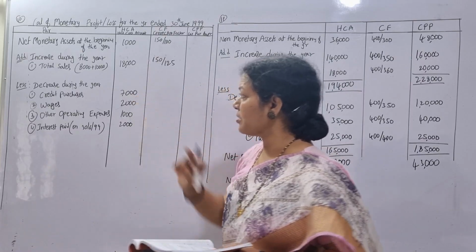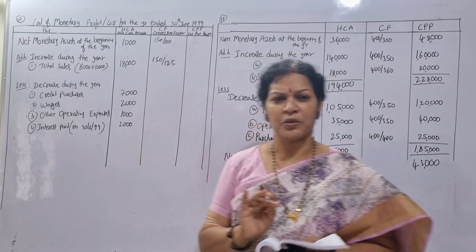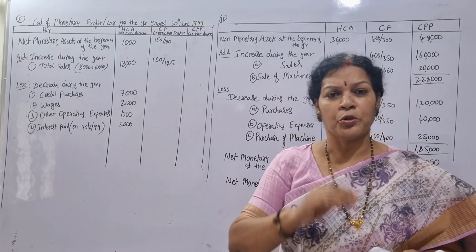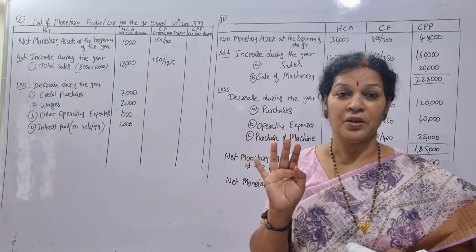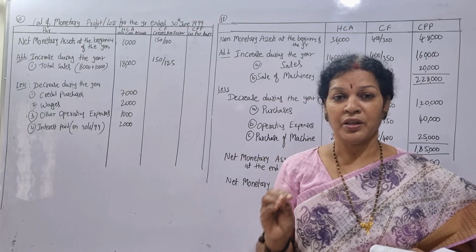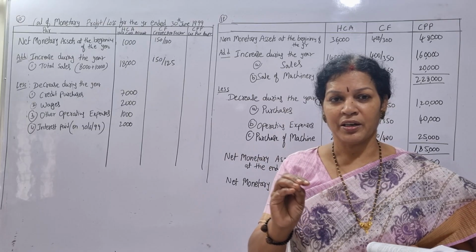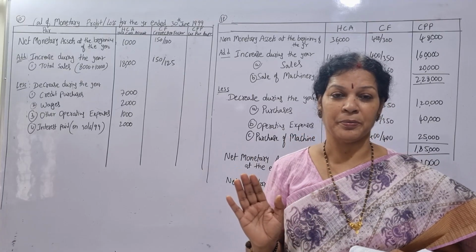These three expenses, credit purchases, wages and operating expenses, are assumed to have occurred throughout the year. When throughout the year you are spending any amount, we definitely have to take the average factor.